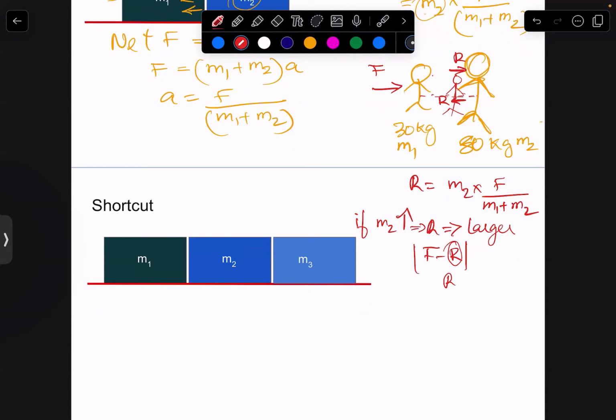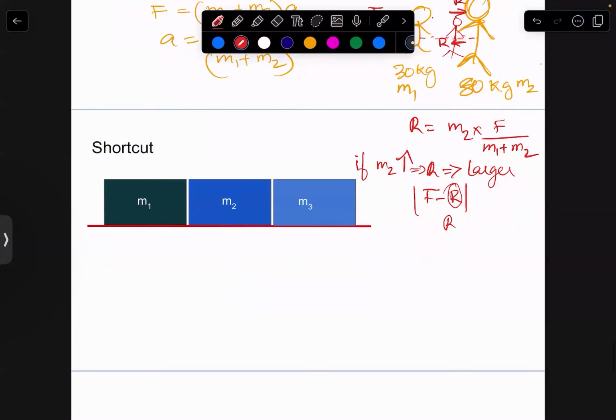Suppose this child was in contact with a 2-year-old kid or 5-year-old kid. So this child is 30 kg and there is another child that is like 15 kg.